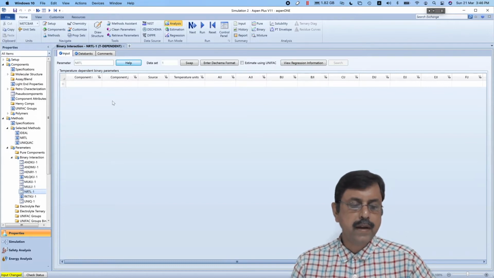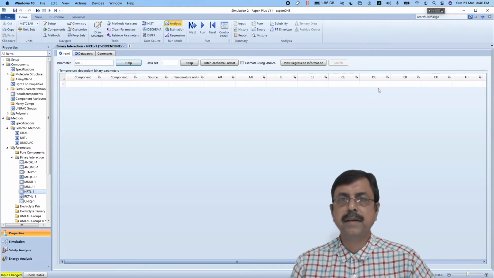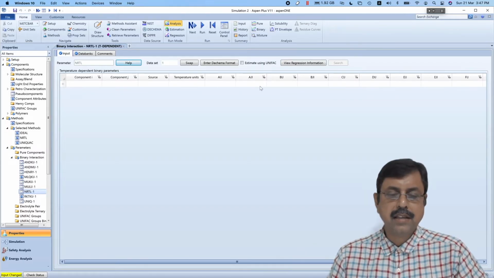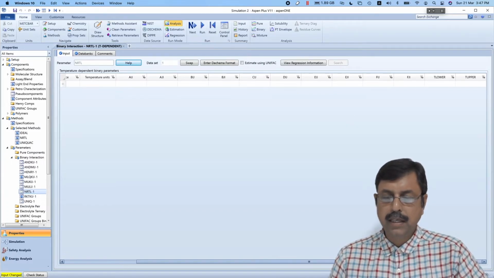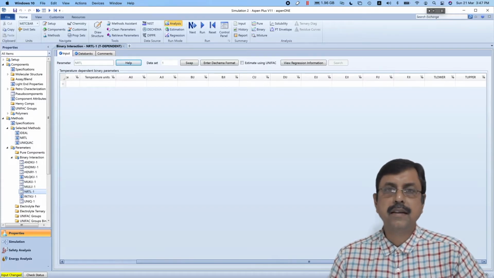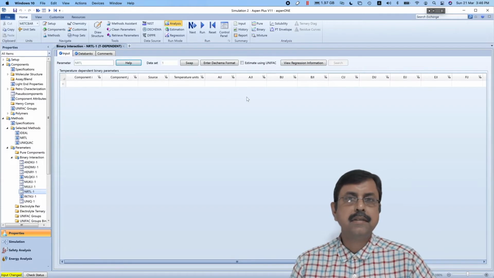And here we find the binary parameters, and we are surprised to know that none of the binary parameters have been calculated. Aij, Aji, Bij, Bji through Eij and Fij, Fji, nothing has been calculated. And that is the reason it is showing a result as good as the ideal method. It doesn't mean that the inertial method is equivalent to the ideal method.